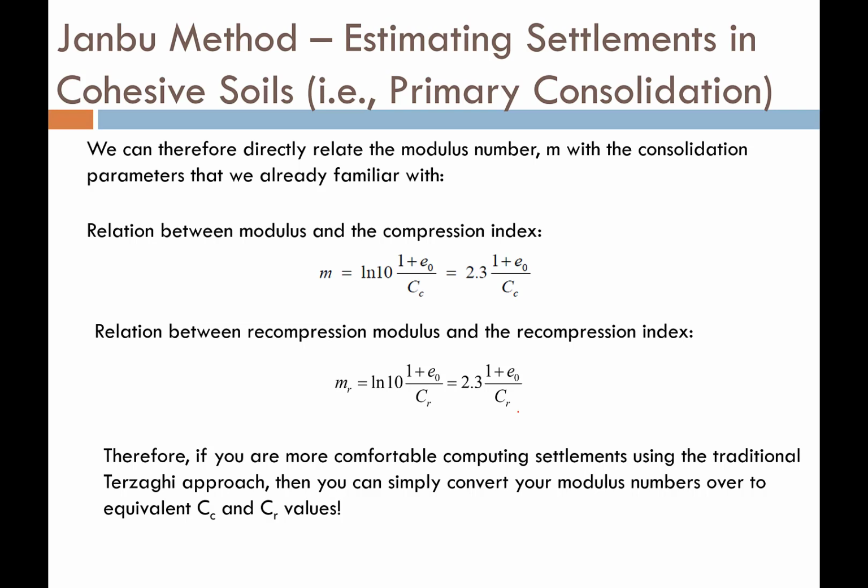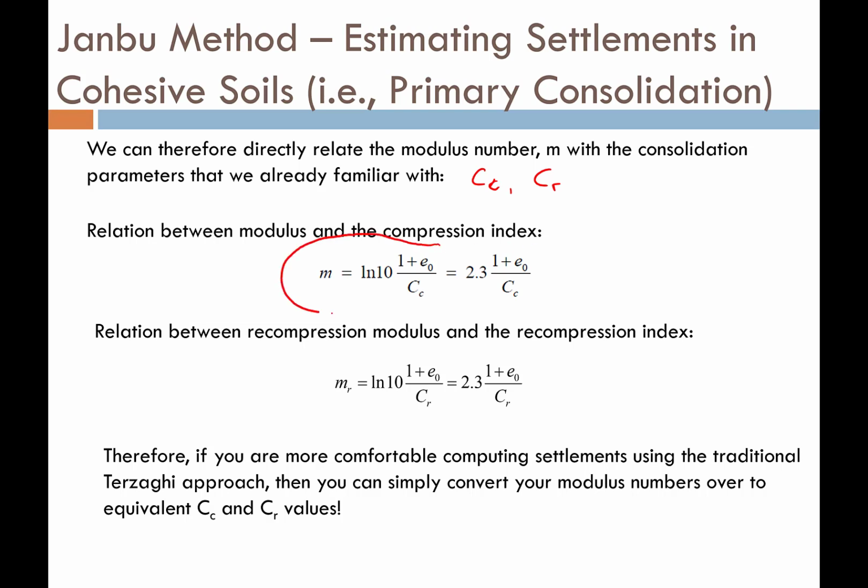Now, what about modulus? We can directly relate the modulus to the consolidation parameters that you're already familiar with, C sub C and C sub R. So how do we do that? Using these equations right here.